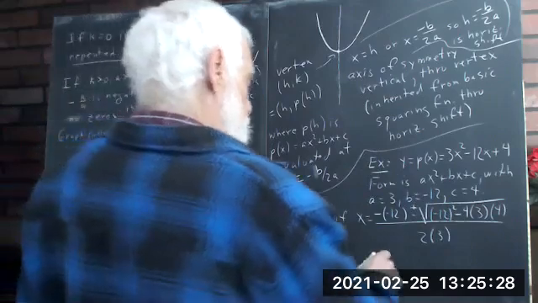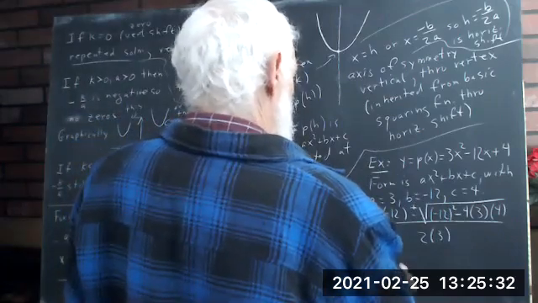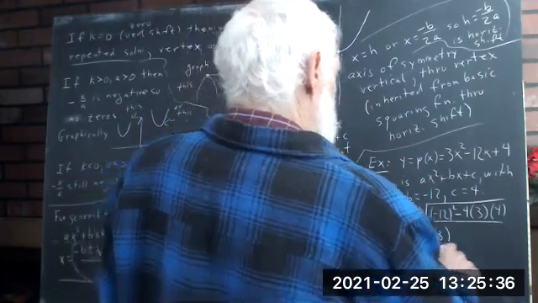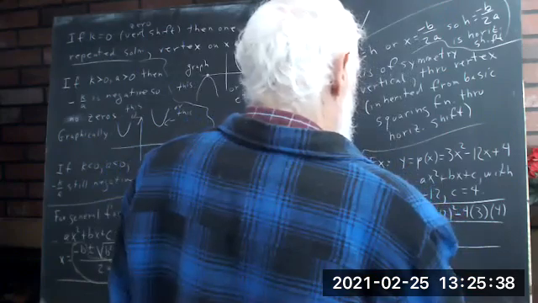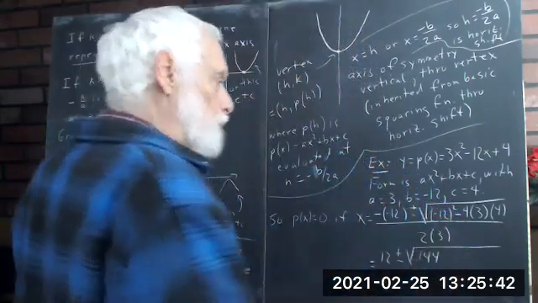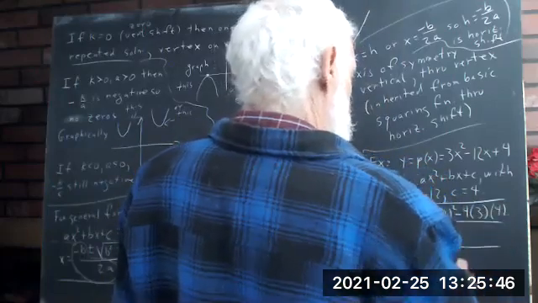Well, we can simplify that. I mean, we can do the arithmetic. We get 12 plus or minus the square root of 144. We square negative 12, we get positive 144. And then 4 times 3 is 12, times 4 is 48.